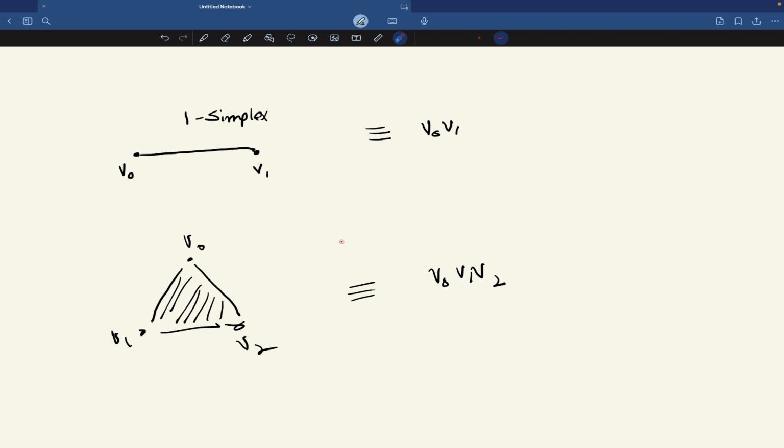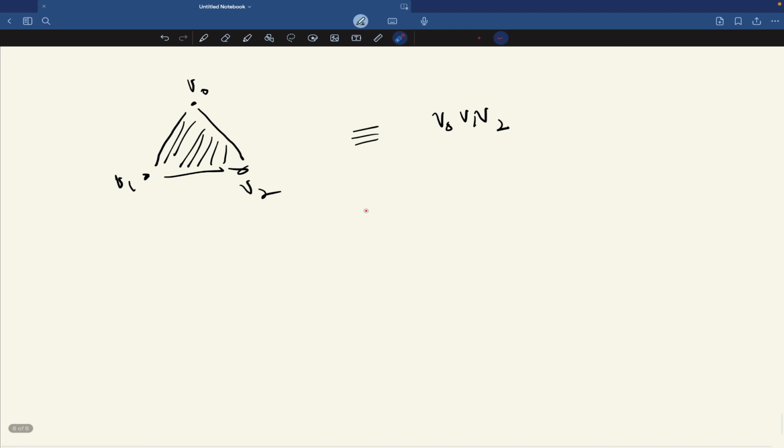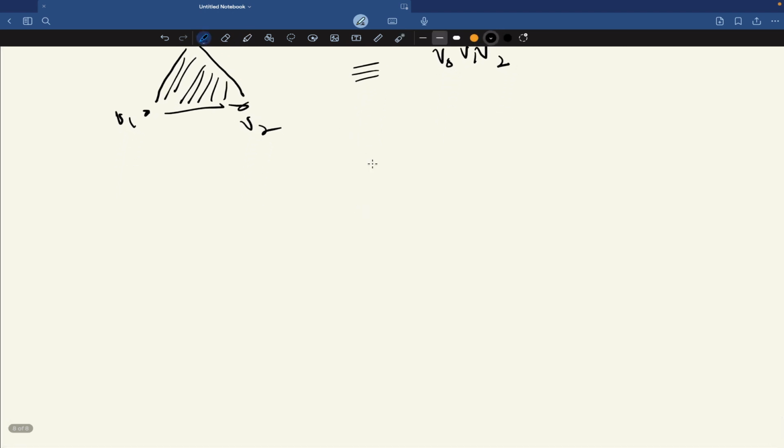So these are the kind of simplices we have discussed so far, and in these simplexes we don't have direction given to any of these edges. So these were unoriented simplicial complexes, but now we will talk about oriented simplicial complexes.